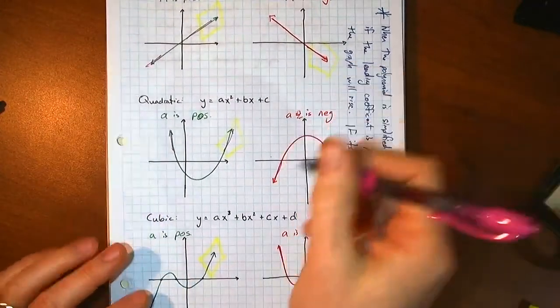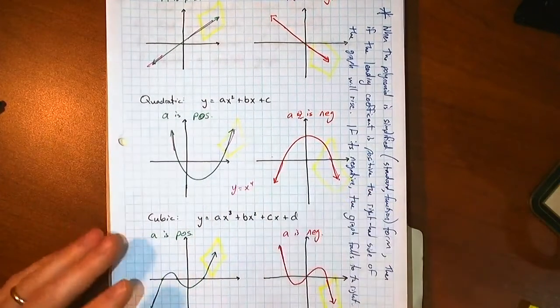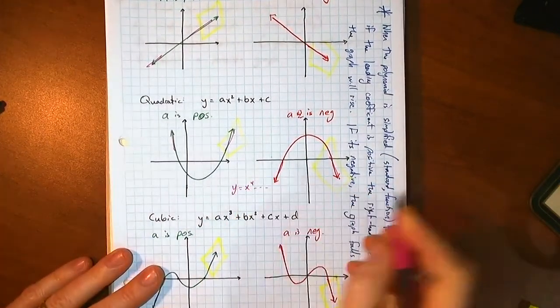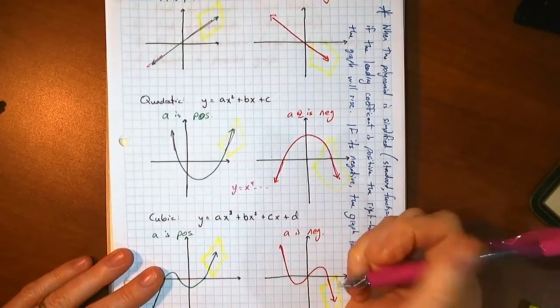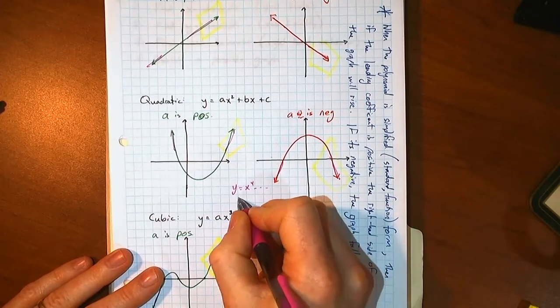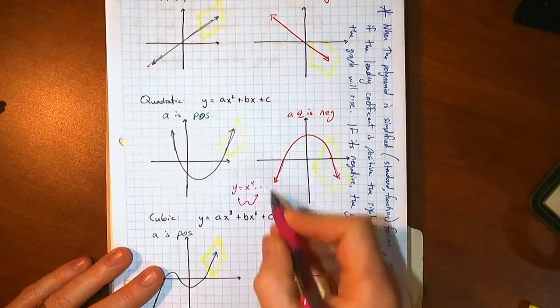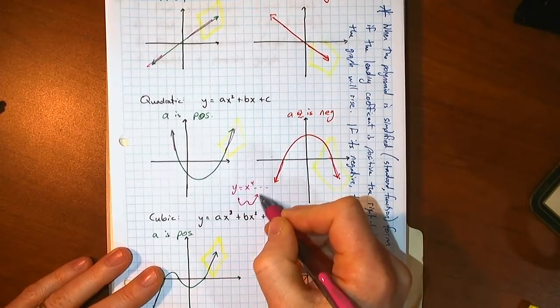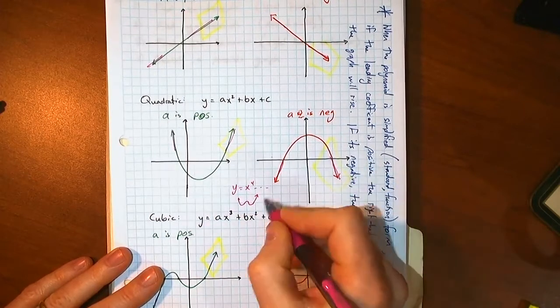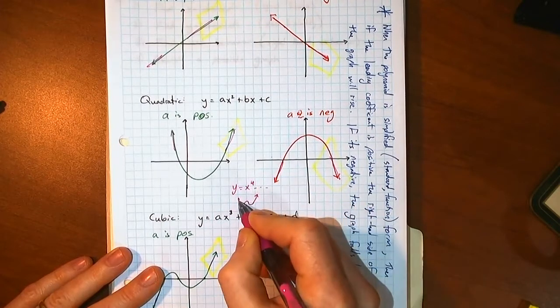If I had a 4th degree polynomial, so if I had y equals x to the 4th, something, something, something, whatever, that graph will potentially have squiggles in the middle. But if it's a positive a, my squiggles will go like that. Positive a going up on the right-hand side. That's our rule that we just wrote, going up on the right-hand side. But because it's even, left-hand side matches.